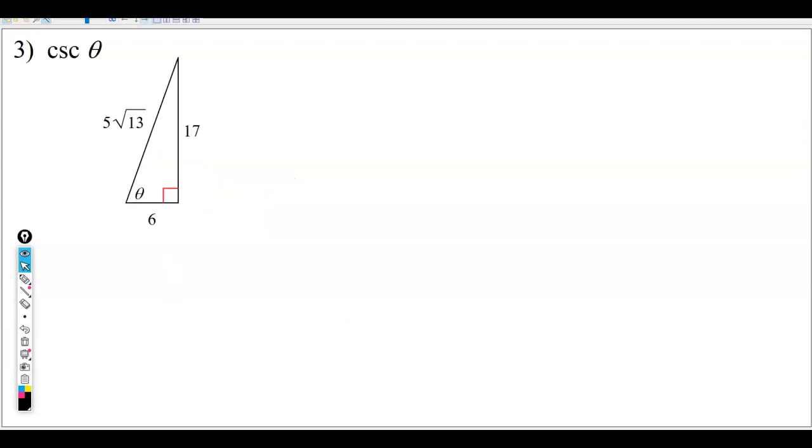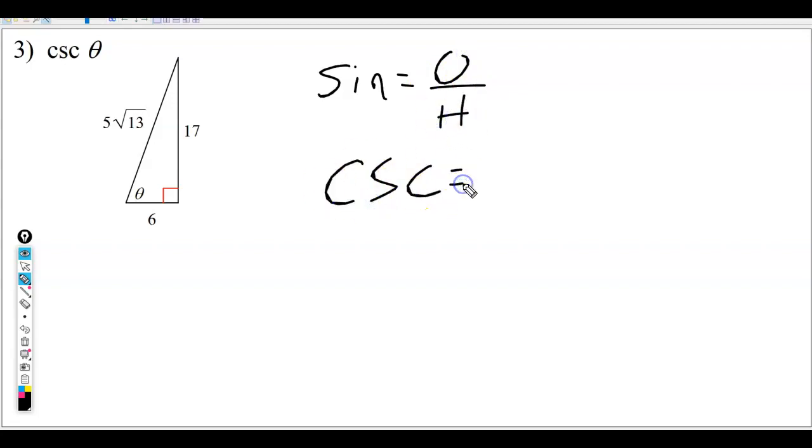This problem is asking us to find cosecant. So it's just basically a trigonometric ratio. Cosecant, as you guys remember, is the reciprocal of sine. Sine, as you guys know, is opposite over hypotenuse, right? So that means that cosecant is hypotenuse over opposite.